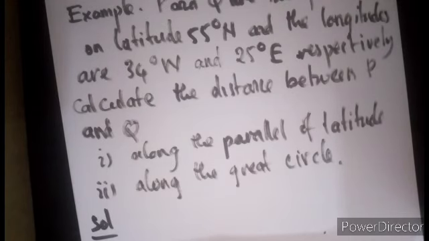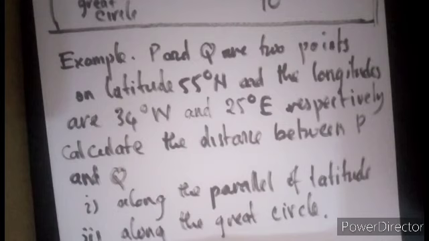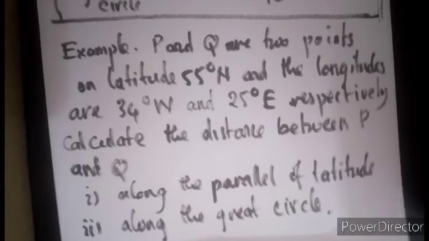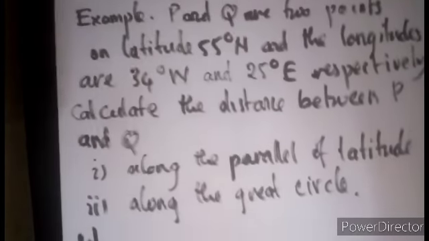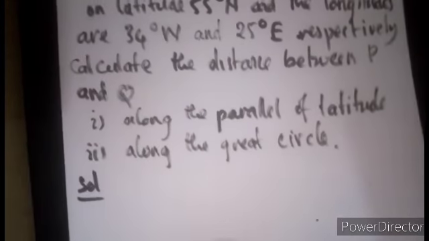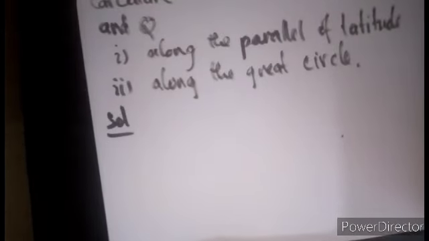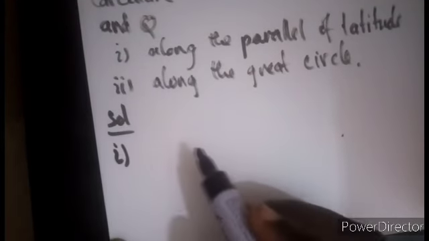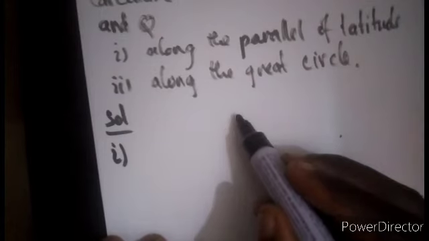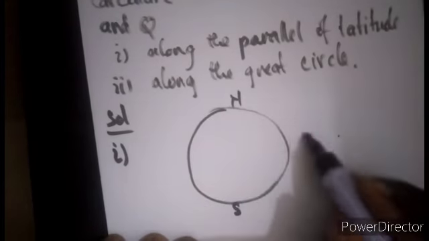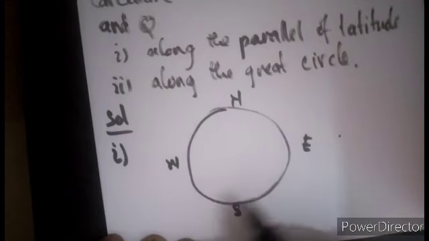So we have 2 points P and Q on latitude 55 degrees north and longitude 34 degrees west and 25 degrees east respectively. We need to find the distance between them along 1, the parallel of latitude, and then along the great circles. Now, if I make a small sketch here, we have our north, south, east, west.